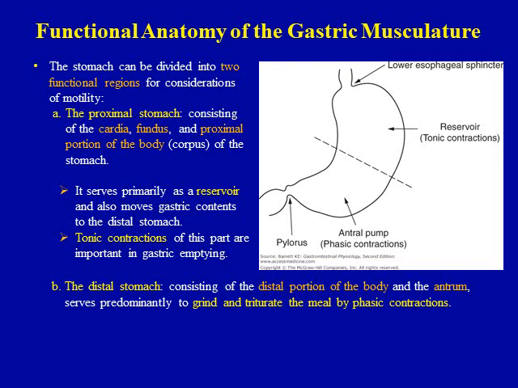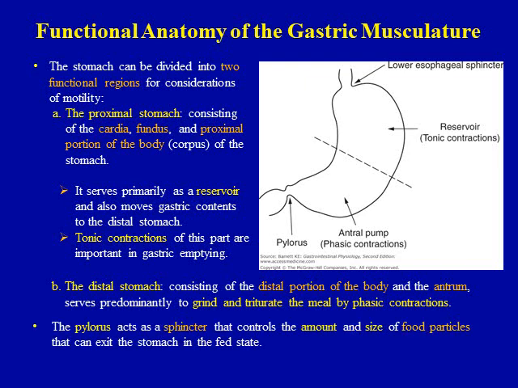The distal stomach consists of the distal portion of the body plus the pyloric antrum. It serves predominantly to grind and triturate the meal by phasic contractions. The pylorus acts as a sphincter that controls the amount and size of food particles that can exit the stomach in the fed state, or during a meal.